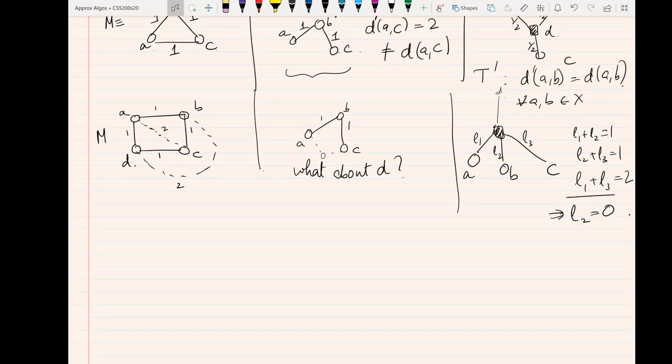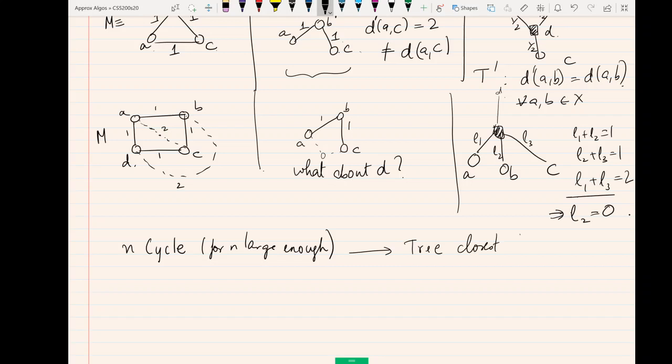So you can actually show, in fact, that if you take an n cycle and a metric based on that, for n large enough, and you try to find a tree that resembles the distances as close as possible to the n cycle, you cannot only not find a tree that resembles the distances between pairwise points exactly.